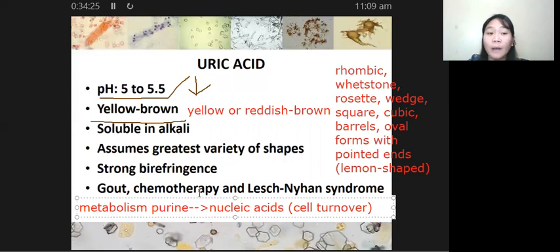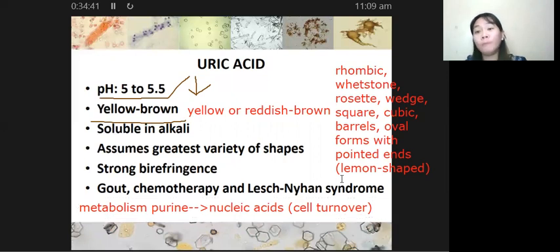In chemotherapy, your cancer cells are destroyed, and in addition to your cancer cells, since hindi naman very specific ang ating chemotherapy, masisira or madedestroy din yung mga normal cells natin.